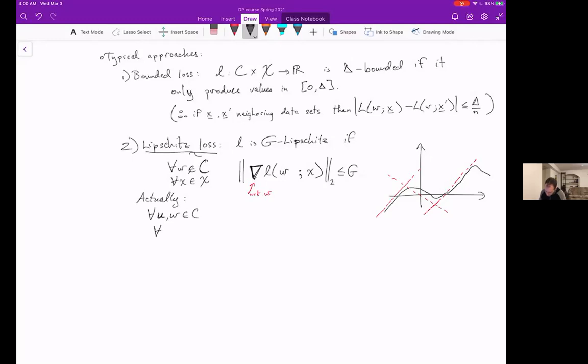For all u and w in the constraint set, and for all x in the universe, the difference between the loss at w and the loss at u should be bounded by g times the distance between u and w.